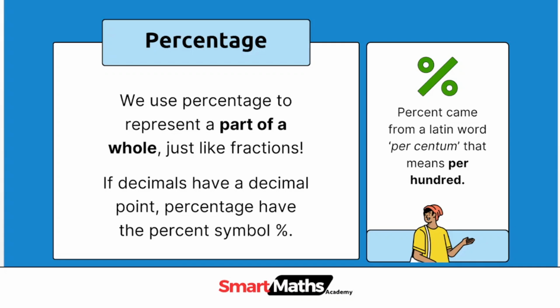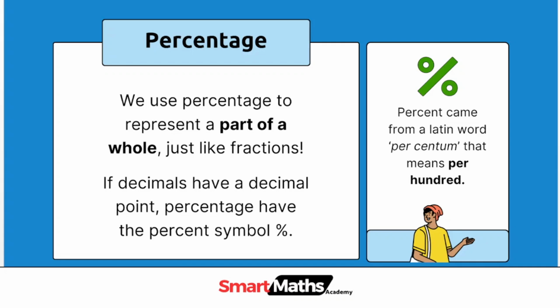If decimals have a decimal point, percentages have the percent symbol, which is this. The word percentage came from the Latin word percentum, that means per 100. So percent is talking about over 100.